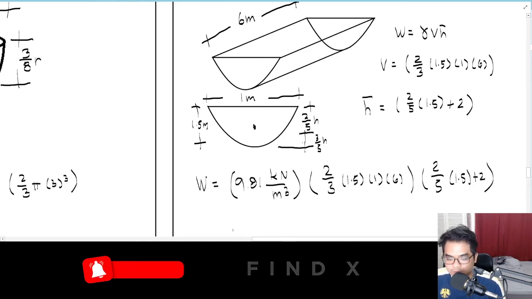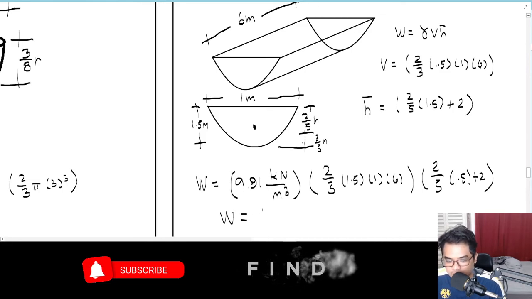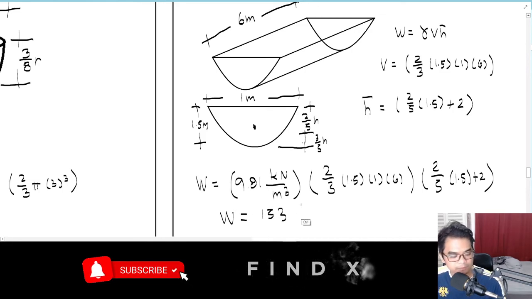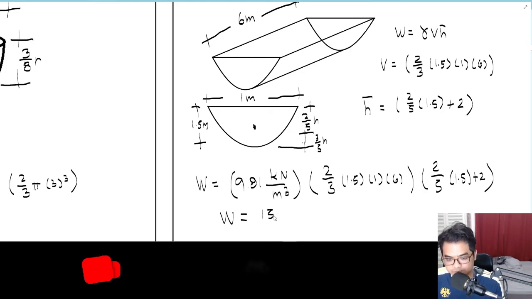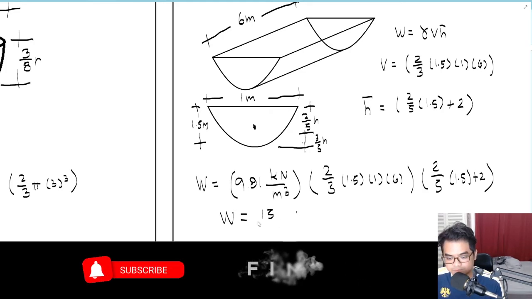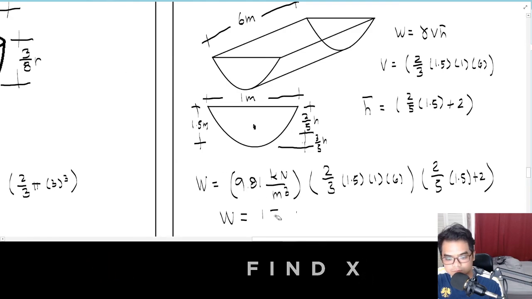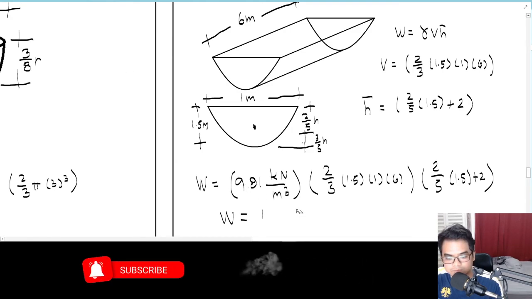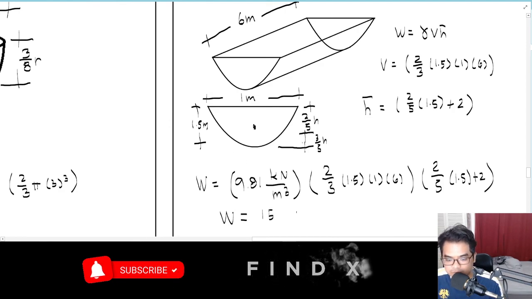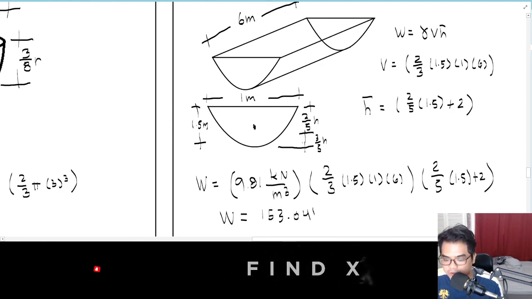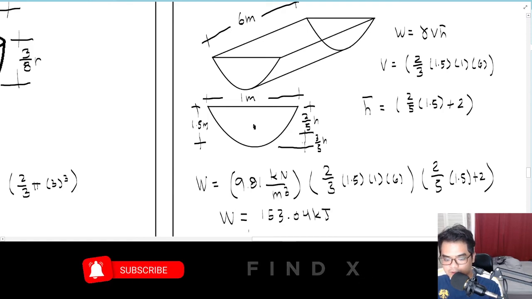Combining all of that, you'll have 153.04 kilojoules. And this will be your answer.